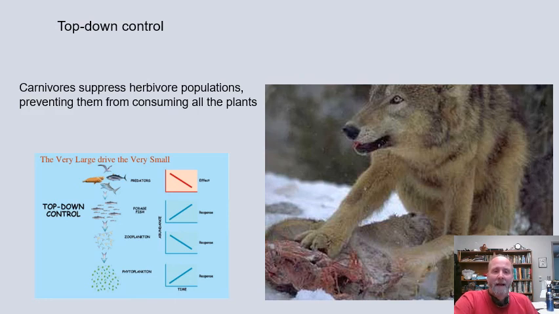So there's this balance between bottom-up control, or how much primary productivity there is, controlling how many individuals are in the higher trophic levels, and top-down control, where keystone species control how many competitors and how much competition there is in the biodiversity downwards as well.